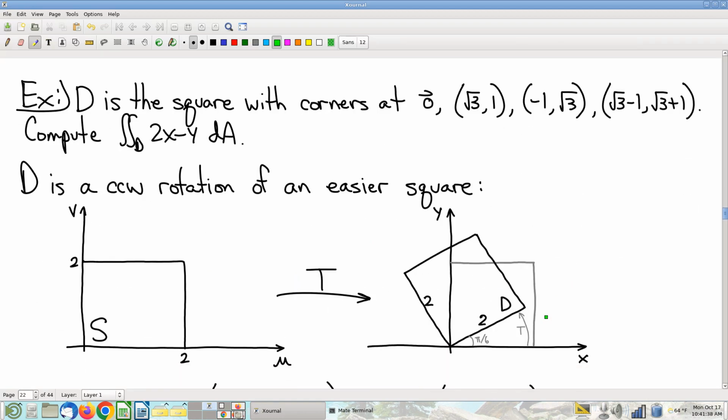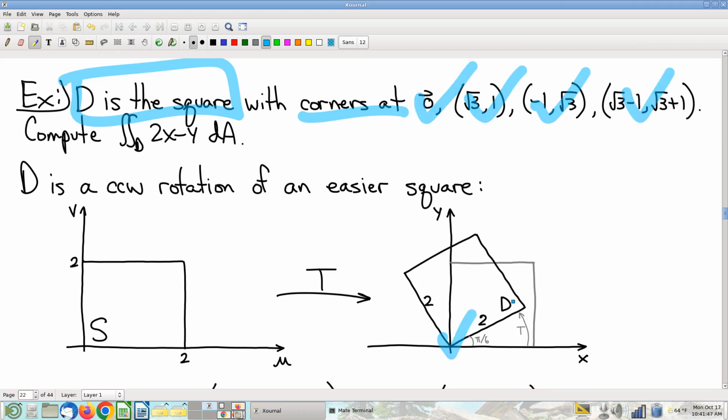So, let's suppose we've got the following domain. It's a square with certain corners at these 4 points, which you can plot without too much trouble. There's your 4 points. The square with those 4 corners is this. That's your domain. And notice again, this is a pretty undesirable domain.